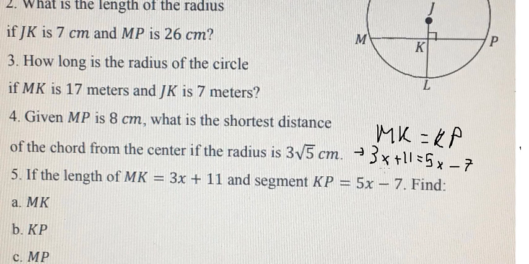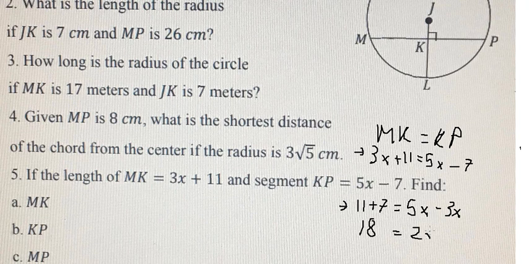So we can find the value of s. So we put 3s to the right, negative 7 to the left. So we will have 11 plus 7 equals 5s minus 3s. This one you got 18. And we have 2s. So we divide both sides by number 2. And we got 9.